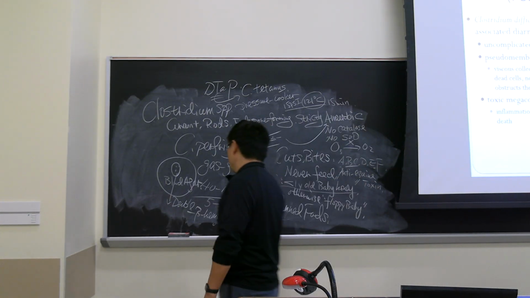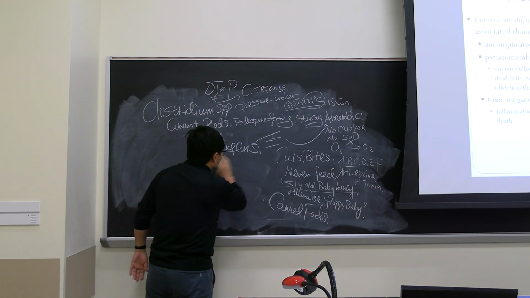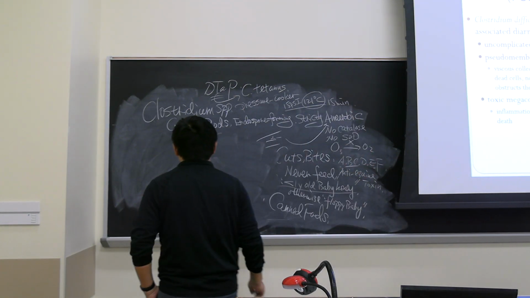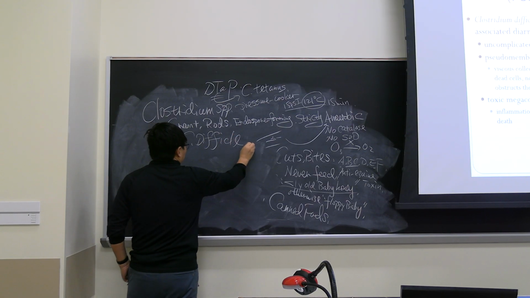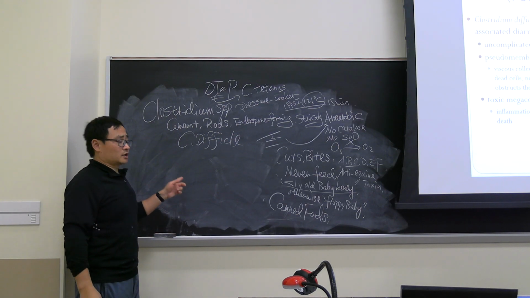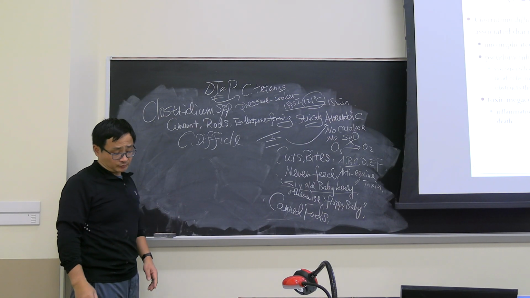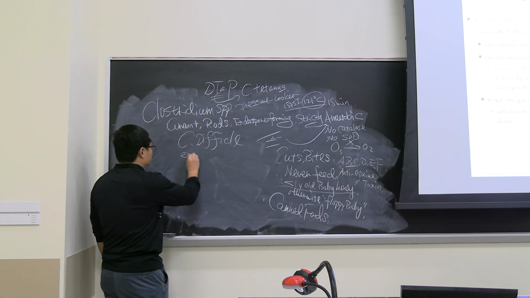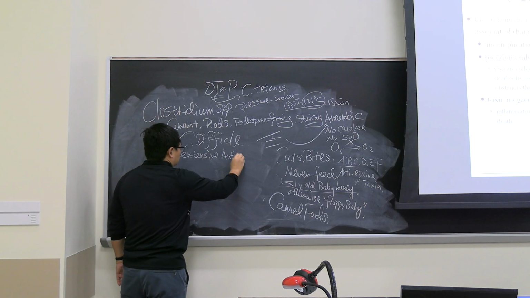Last one. Clostridium difficile. Okay, this is a little tricky one. Clostridium difficile happens in older people, more than 70 years old, with very intensive antibiotic use.